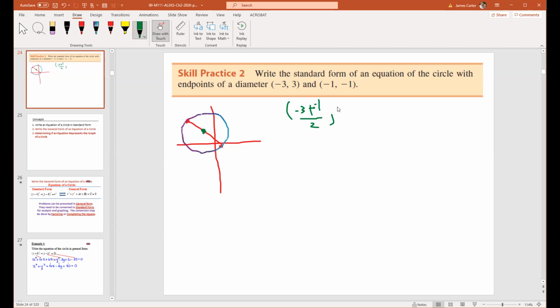And for the y value, we've got 3 plus -1 all over 2.